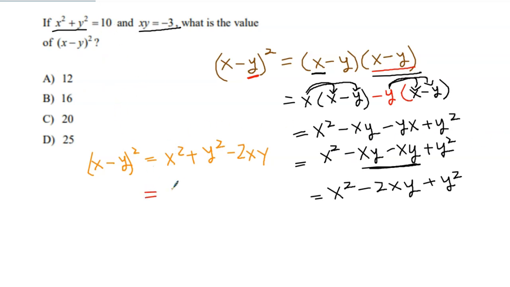So this has been given to us as 10, and then minus 2 times the whole of this, which has been given as negative 3. So you get your 10. Negative times negative becomes positive. Ta-da! You get 16 and it's option B.